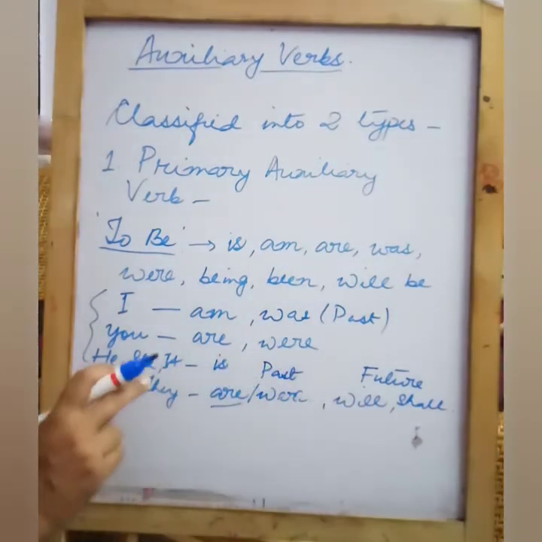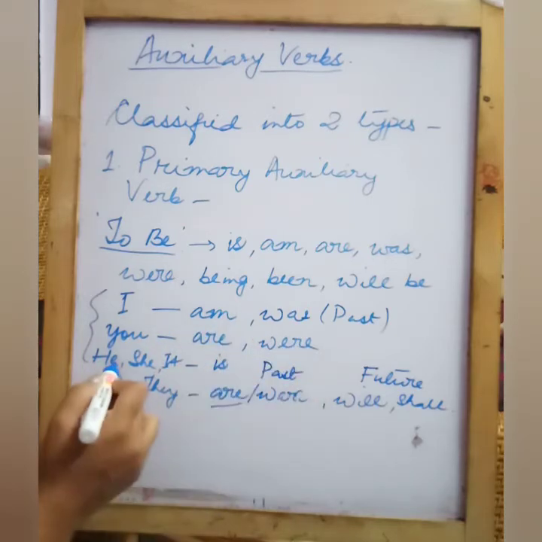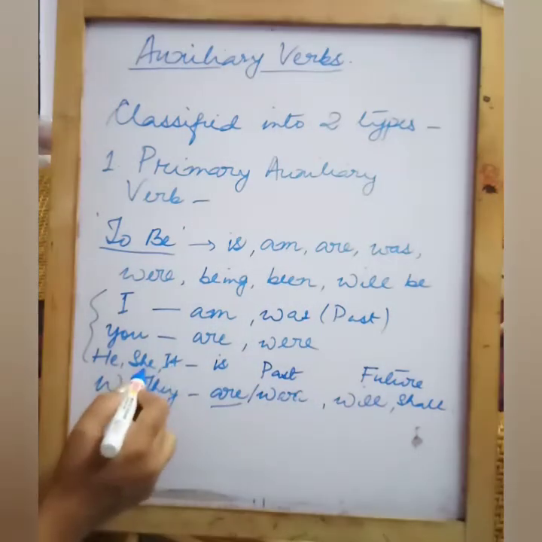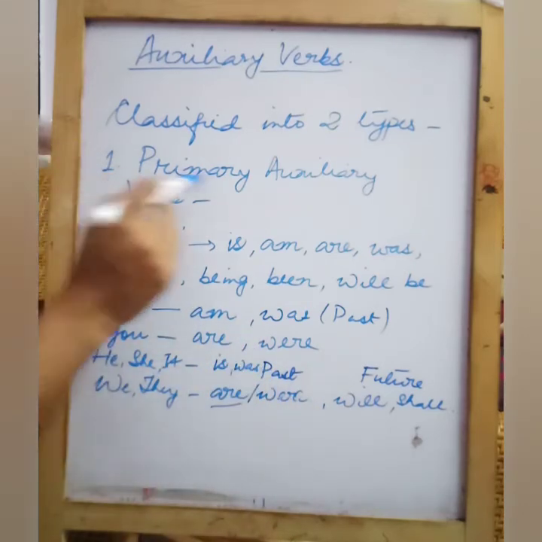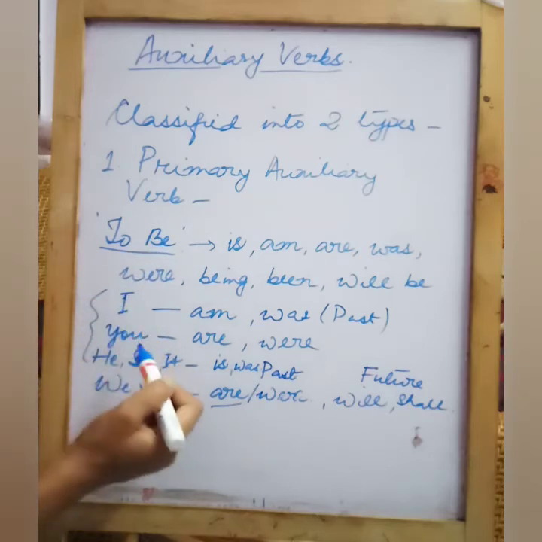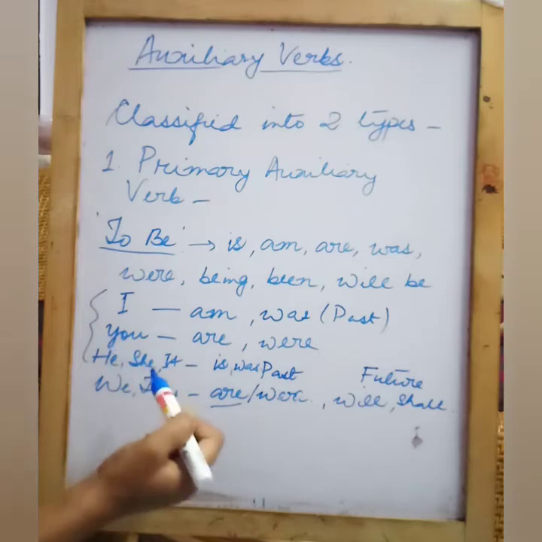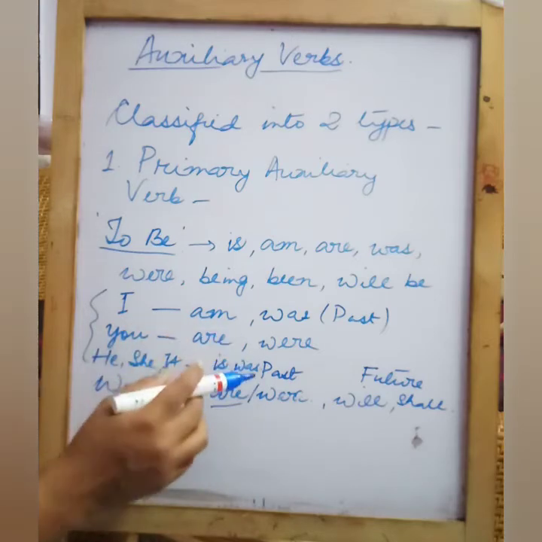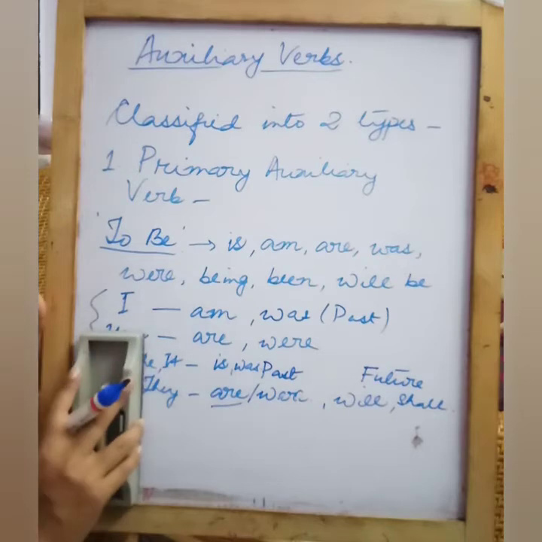We never say you was. That will be incorrect. We use you were. With he, she, it, we use he was, she was with the past, isn't it? So this is the way we find out the primary auxiliary verb and how it is used with the first person, second person, and third person, singular as well as plural, in the present, past, as well as in the future tense. Alright, so I hope I'm clear here. Alright.